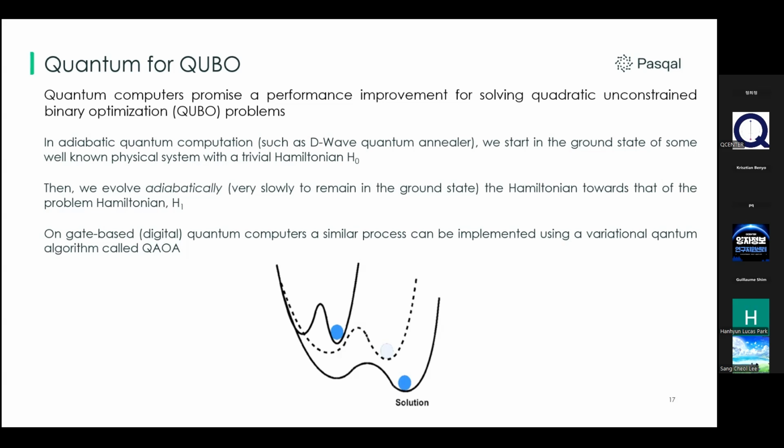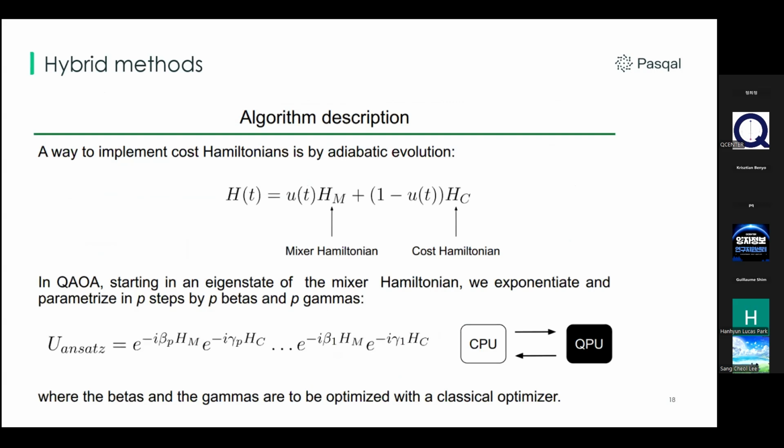The other way to go about this is called the quantum approximate optimization algorithm. We are going to discuss that a little bit later because it has an extra step involved on top of the Hamiltonian representation. To give a little bit more detail on these two approaches, the adiabatic method as well as the quantum approximate optimization algorithm, as I mentioned, both of them rely on the Hamiltonian representation, on the operator-based representation of an optimization problem.